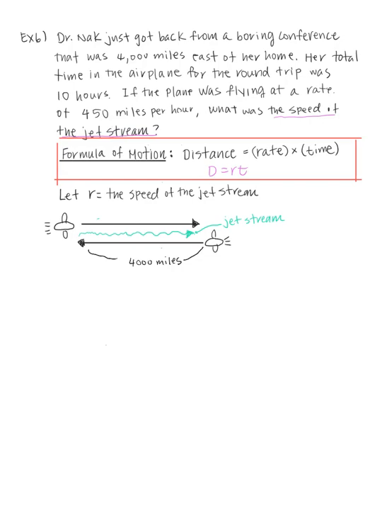So let me just change the color. So starting from here, all the way back home, this portion was 10 hours. And on the way to the conference, I am traveling with the wind. So going this way, I'm going with the wind, and going this way, I'm traveling against the wind.